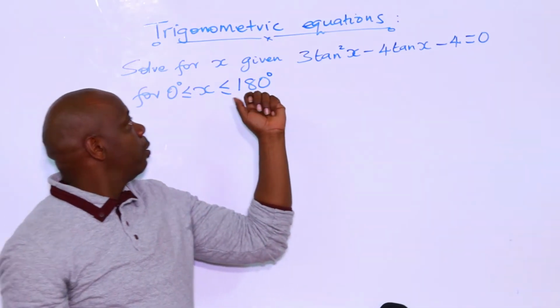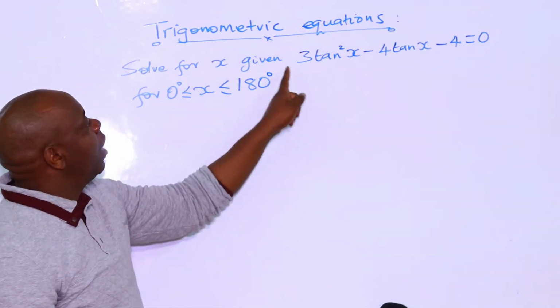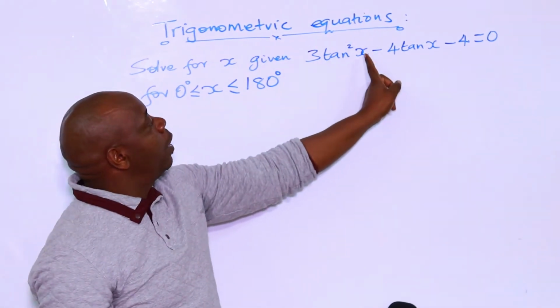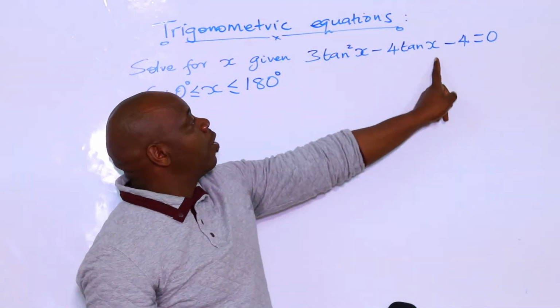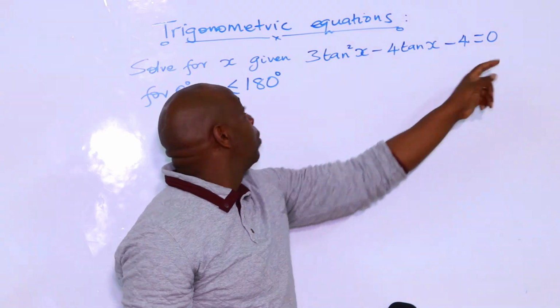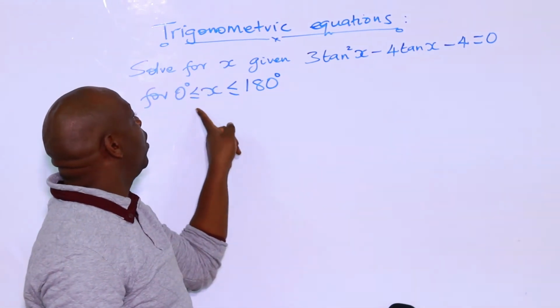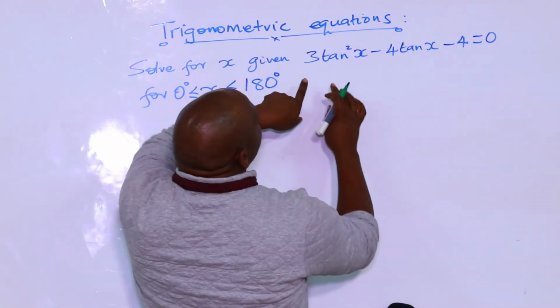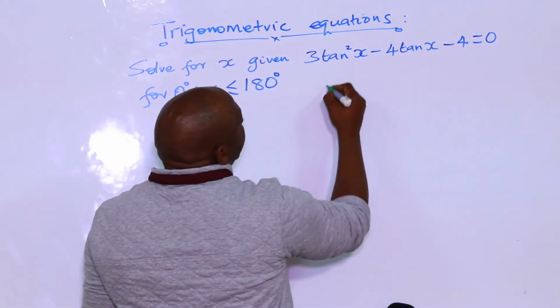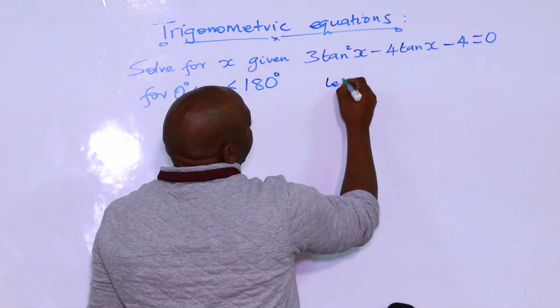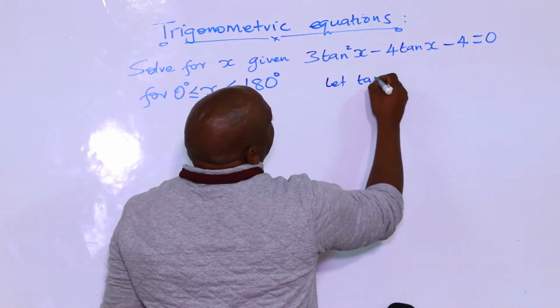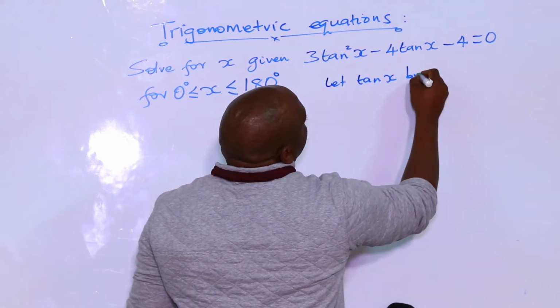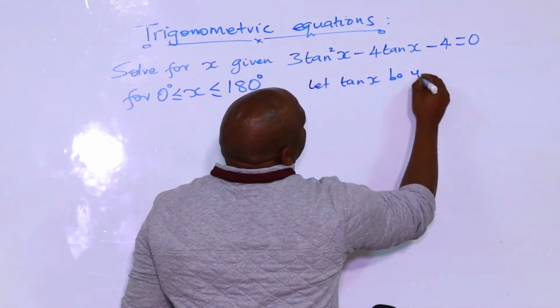The last question, you're told, solve for x given 3 tan squared x minus 4 tan x minus 4 equals 0, for x between 0 and 180 degrees. So, to work out this equation, you start by letting tan of x be y.